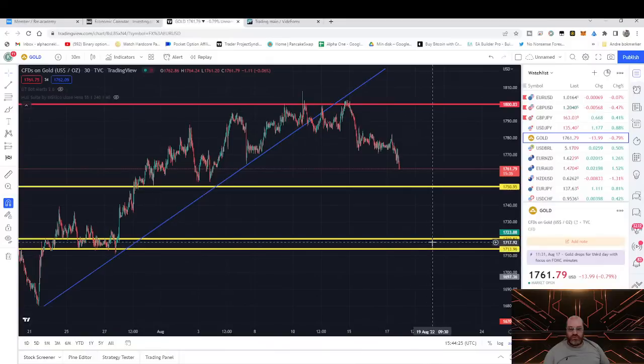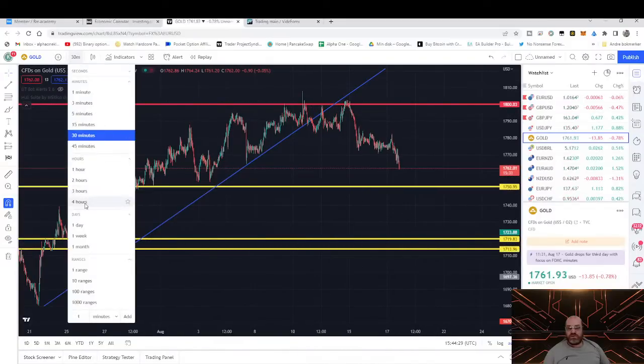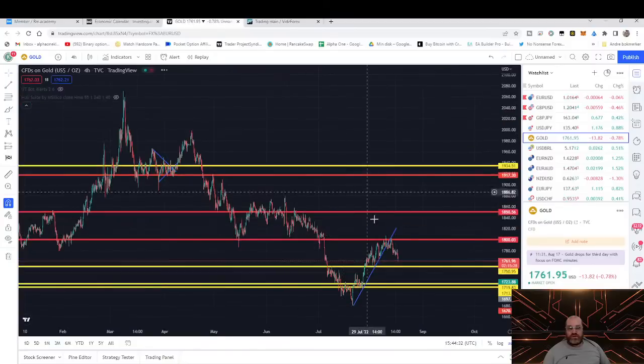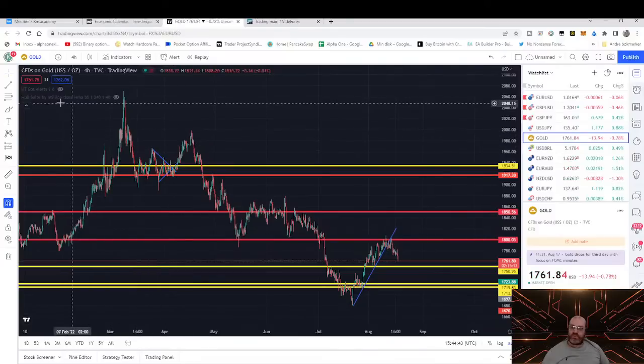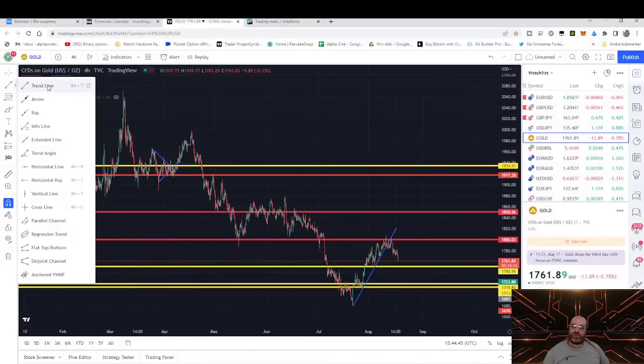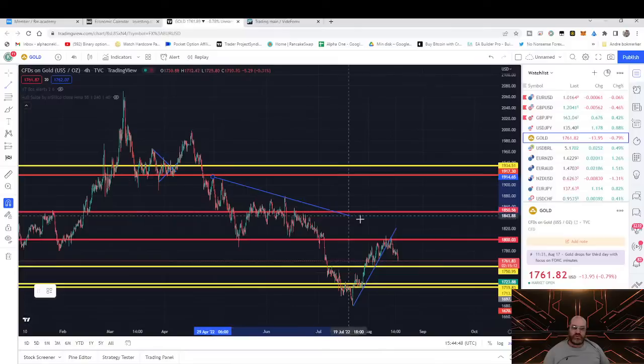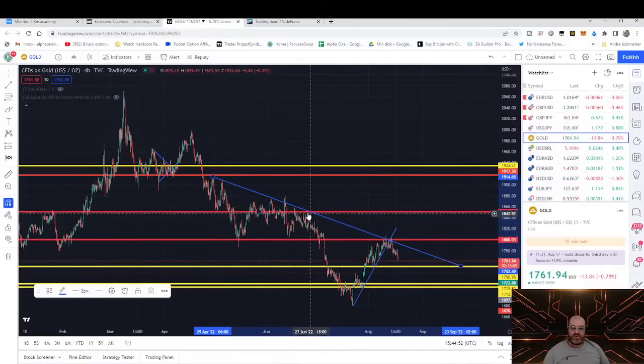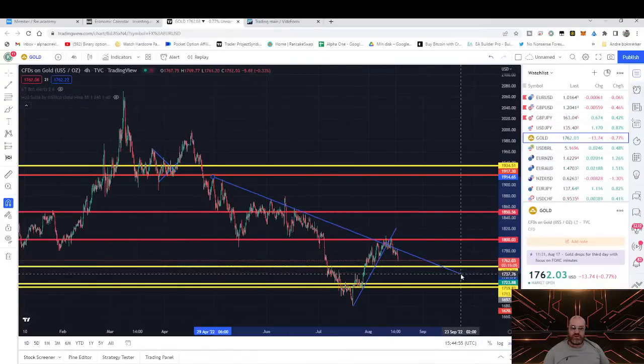Typically when we break out of a trend line like here, we can even go all the way down to the start of the trend. So we can even go down to like the 1600 level. And if we take another trend line here, because the ones that follow me know I love my trend lines. If I can put up a trend line, I do it. So we can see we also have one that we can mark something like this, and you can see it's respected.